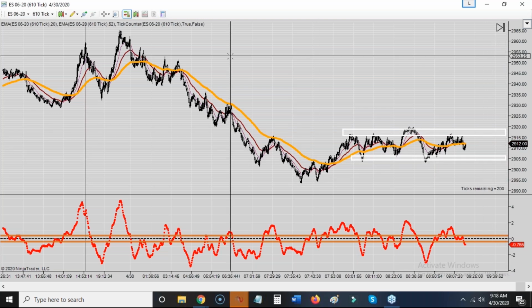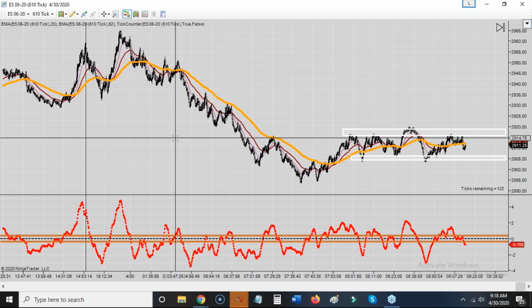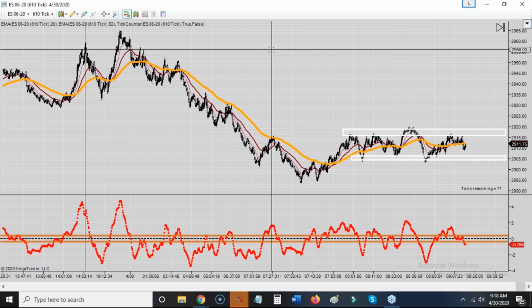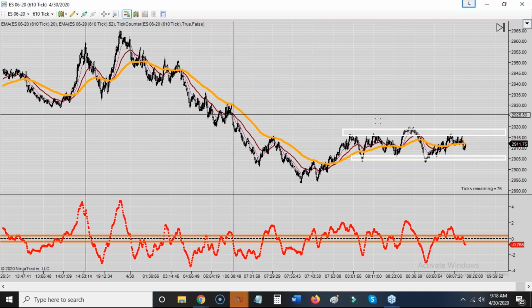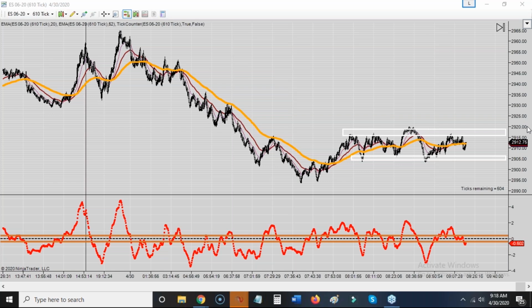Just so I can go over really quickly, I trade the ES Mini, which is the S&P 500 index on the futures market. And I use a 610 tick chart. That is my time frame. So what is a 610 tick chart? If you can see right here in the bottom right hand corner above my MACDs, it says ticks remaining.